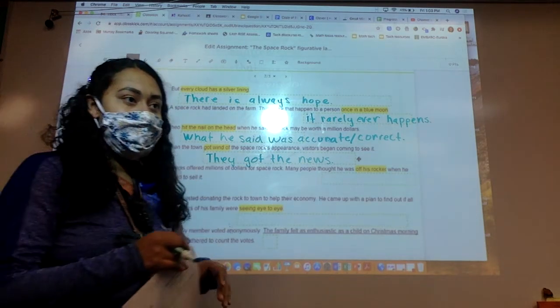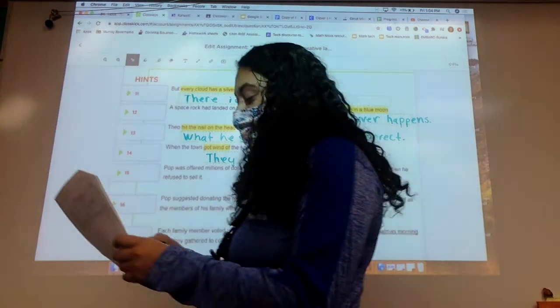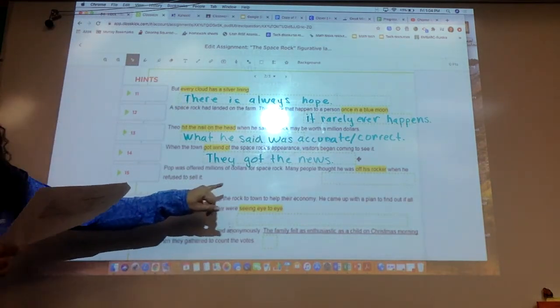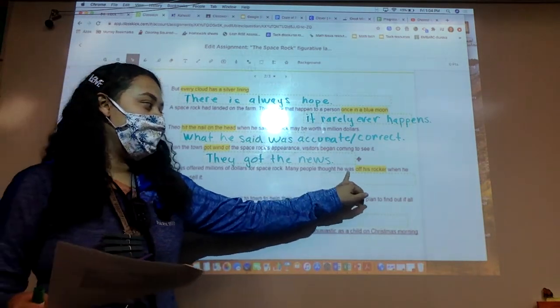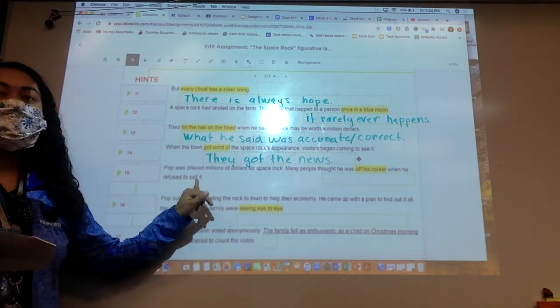Okay, next one, ready? Pop was offered millions of dollars for a space rock to town. I was reading another sentence. Pop was offered millions of dollars for a space rock. Many people thought he was off his rocker when he refused to sell it.